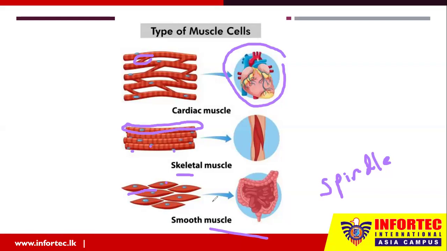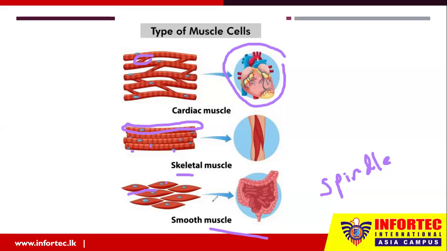The contraction rate is slow, but in the skeletal muscles they contract fast. So because of that, skeletal muscles get tired easily. But because of the slower contraction rate, the smooth muscle has resistance to fatigue. It means it tires more slowly than the skeletal muscles.